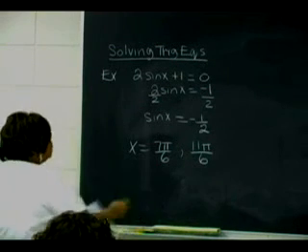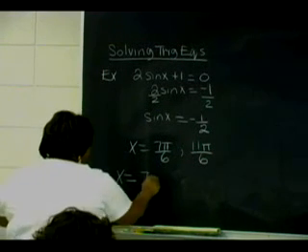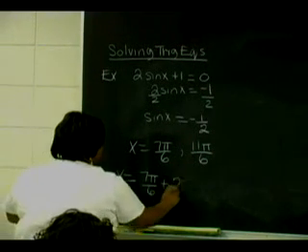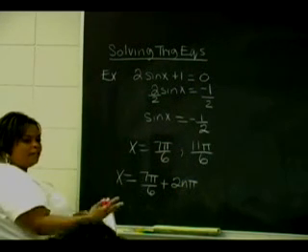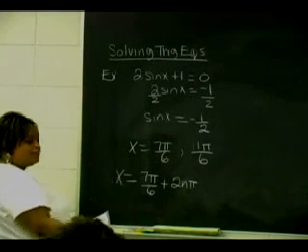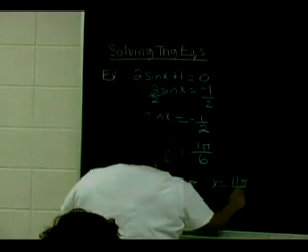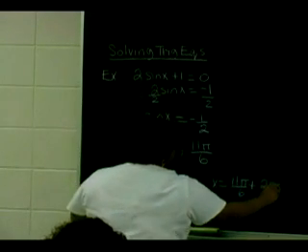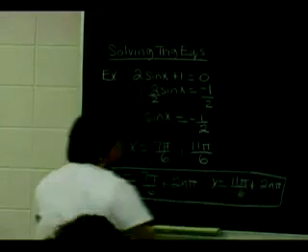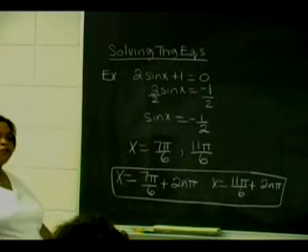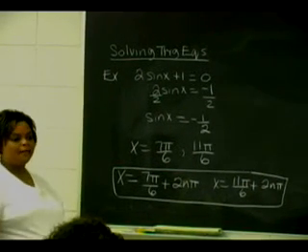So what I need to do, my solutions will be 7 pi over 6 plus 2n pi, because 2 pi is one period, 4 pi is another period, so I need 2n pi, and x equals 11 pi over 6 plus 2n pi. These are my general solutions. I have to put that plus 2n pi because sine has a period of 2 pi.